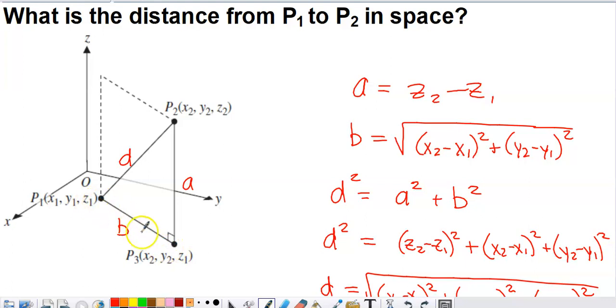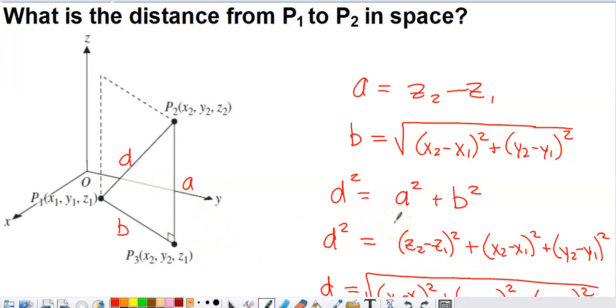These are in the same plane, point P1 and P3, relative to the z variable. So we don't have to involve the z variable whenever we do a distance formula calculation to find the length of side B.